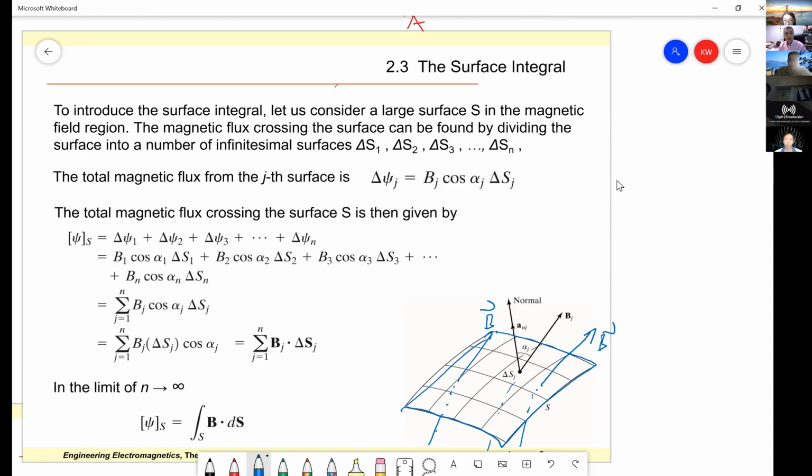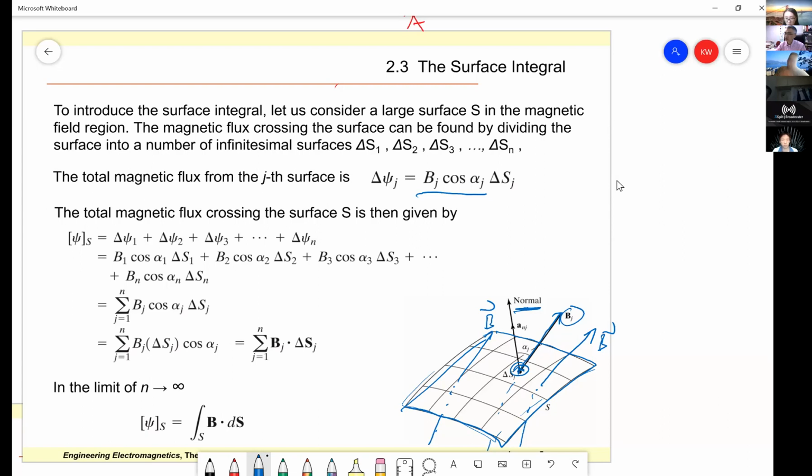The flux means that a field line indicates a flux density going through a very small surface. Then I collect all this magnetic field going through the whole surface. What I do in the collection is take a normal component again, so B takes a projection over this normal direction.